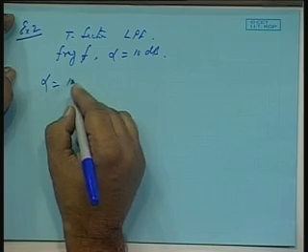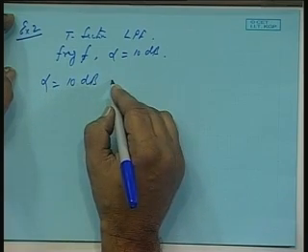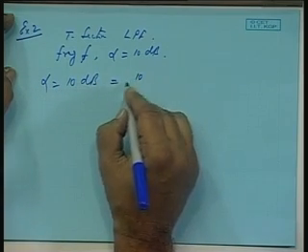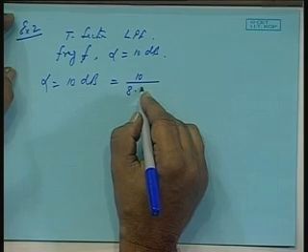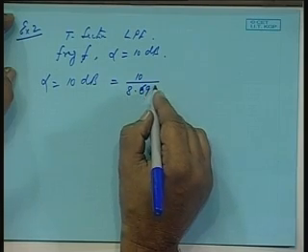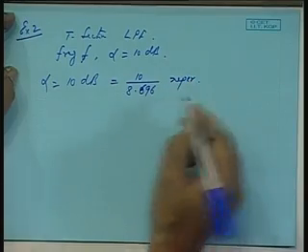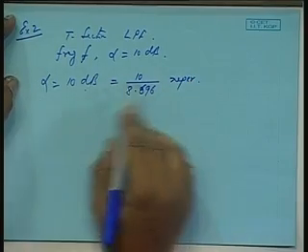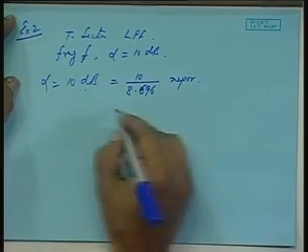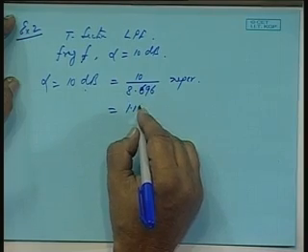So, alpha is given as 10 dB, that is 10 by 8.686. If you remember, we discussed earlier the relationship between dB and Neper. So, that comes to approximately 1.15 Neper.